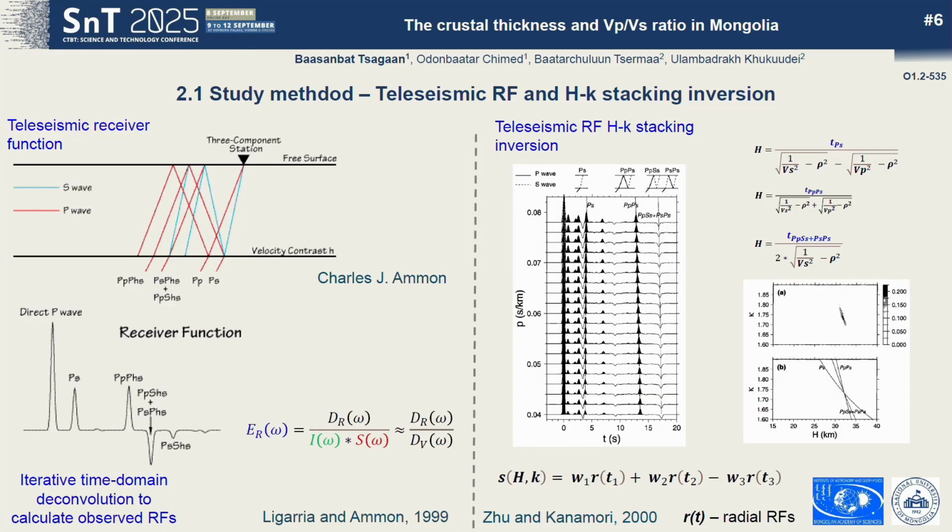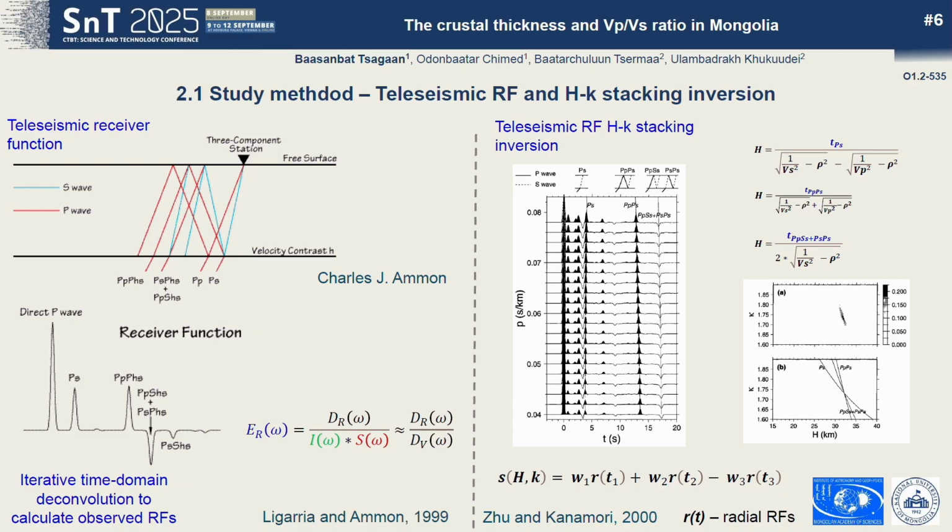In our study, we use the teleseismic receiver function method, one of the primary seismological techniques for determining crustal thickness. Receiver functions are time series computed from three-component teleseismic seismograms. They reveal the relative response of the Earth structure beneath the seismic station.